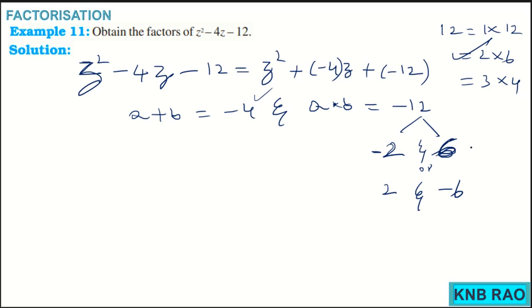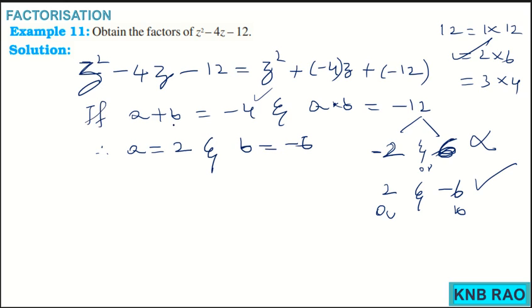So by that condition, minus 2 and 6 fail and 2 and minus 6 is true. Therefore, A will be 2 and B will be minus 6. Okay. So through this logic, A will be 2 and B will be minus 6.